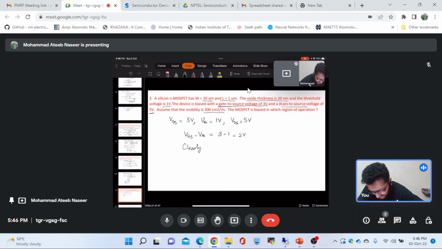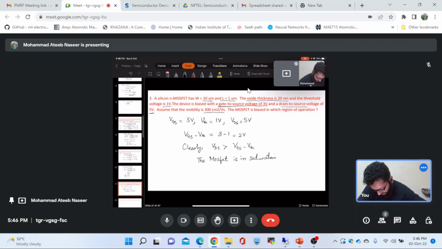Clearly we can say that VDS is greater than VGS minus VTH. So the MOSFET is in saturation. We have got the desired result.